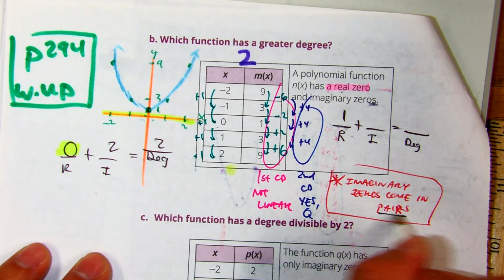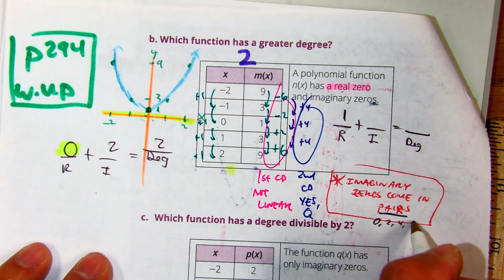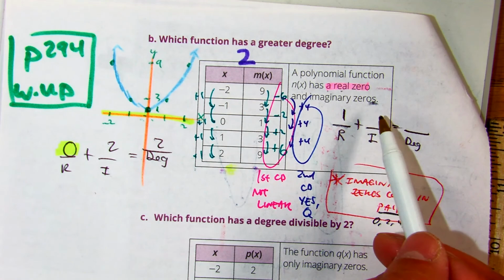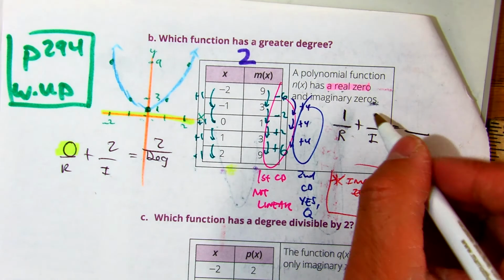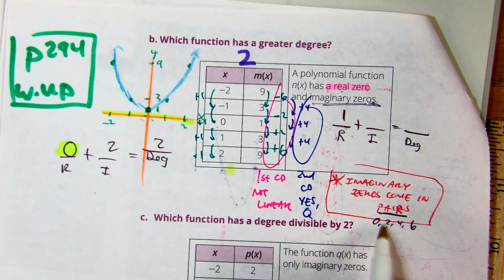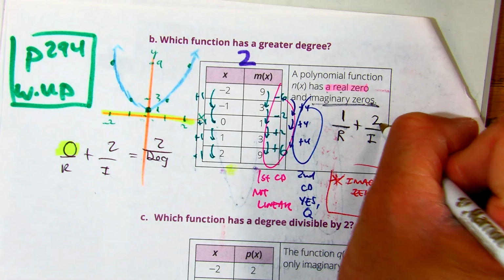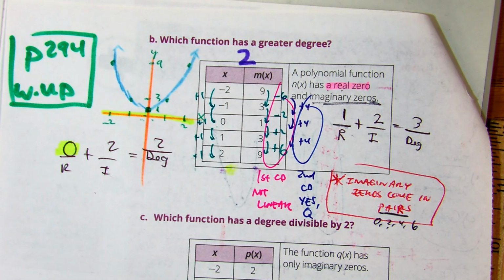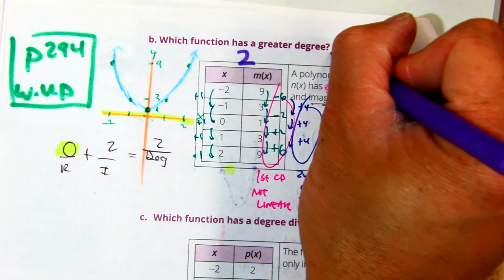Yeah, so that's like 0, 2, 4, 6. So can you ever have a 1 here? Can you have a 3 here? No. So all I know is it's going to be either 0 or we expect it has them, so it has to be at least 2. That means 1 plus 2 is? 3. This is at least a 3rd degree polynomial.